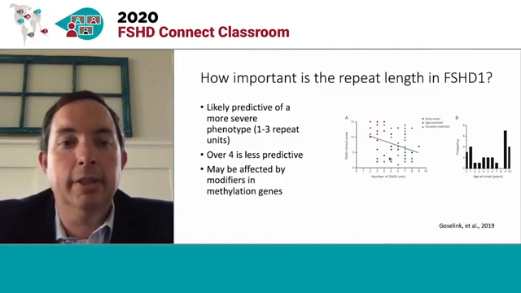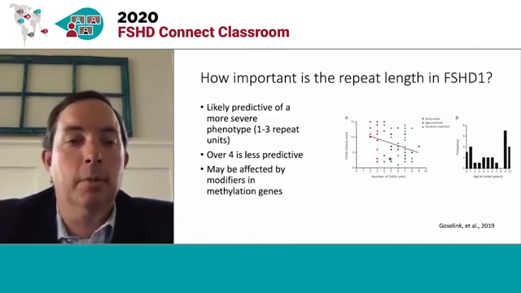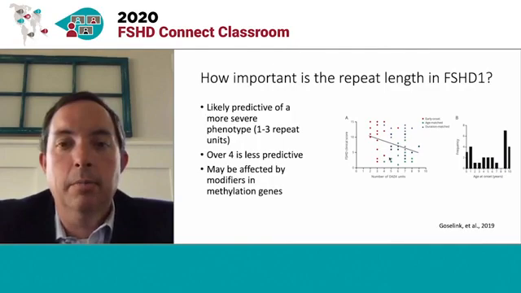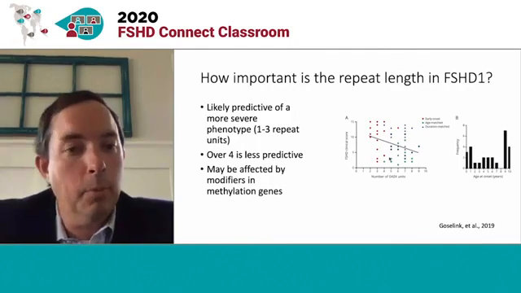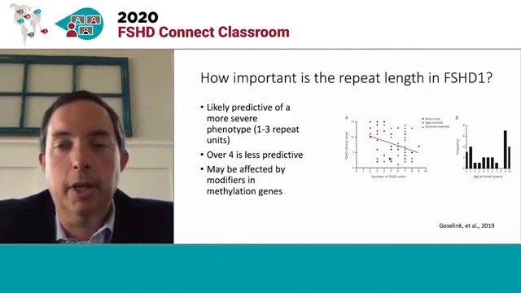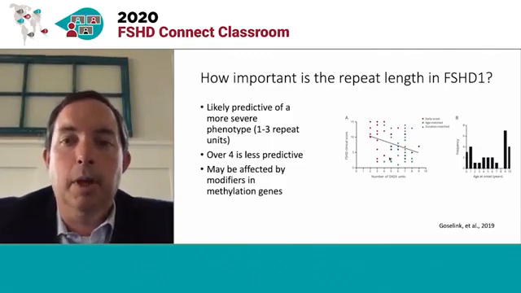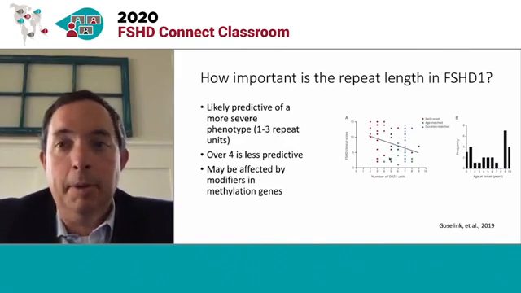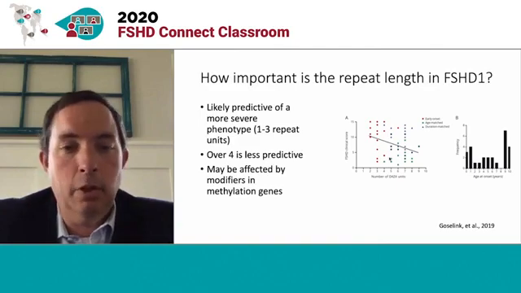In that case, anything that makes the methylation worse will certainly cause the disease to be more severe. So this is part of the story. There's a lot more that I know scientists are working on in terms of understanding disease modifiers for the condition, particularly as it relates to hypomethylation. But that's part of the reason why the repeat length by itself is not overly predictive.